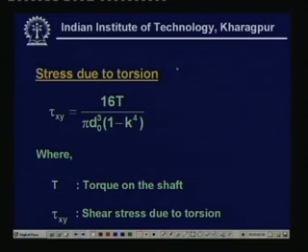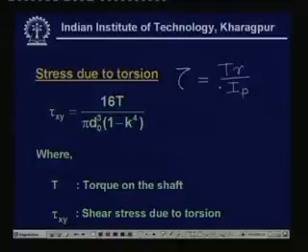You remember the torsion equation came out to be tau equals T R by I P. So, it stands like this.